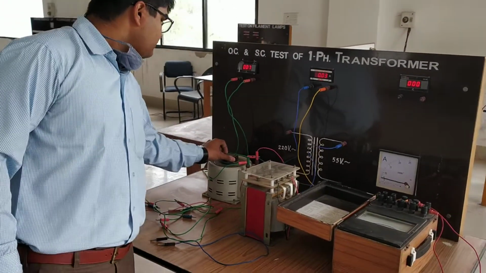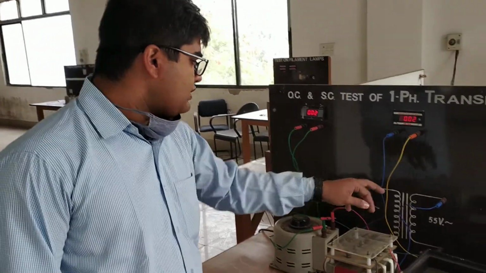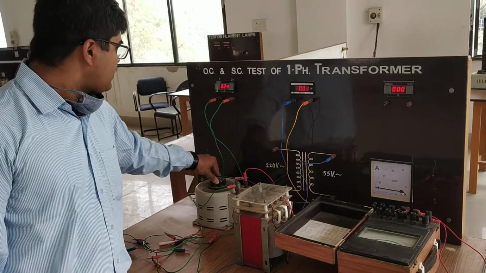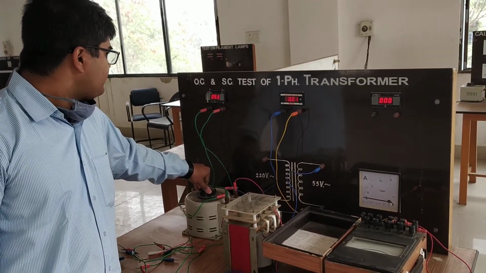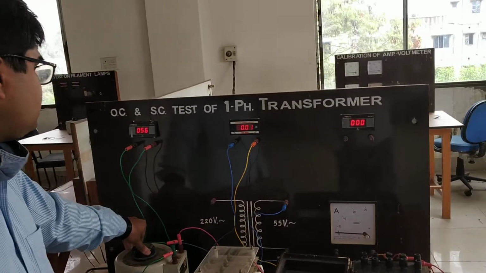Now we will give the supply voltage. This rated voltage we will give as supply. So we will give the rated voltage equal to 55 volt. You can please note down the data.